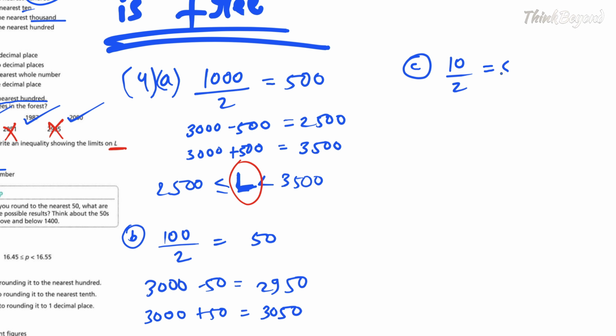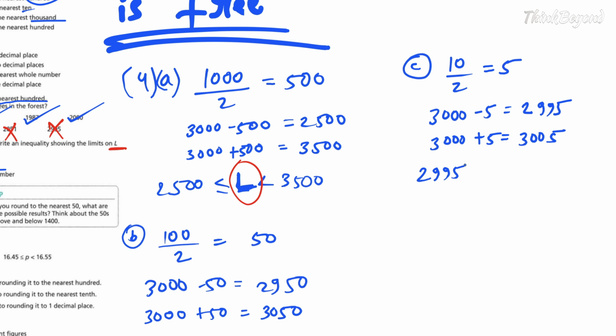Half of 10 is 5. So 3000 minus 5 is 2995. Now 3000 plus 5 is 3005. Write the inequality: 2995 is less than or equal to L and less than 3005. We are done with question C also, let's move to question D.